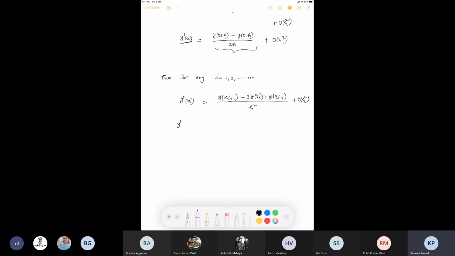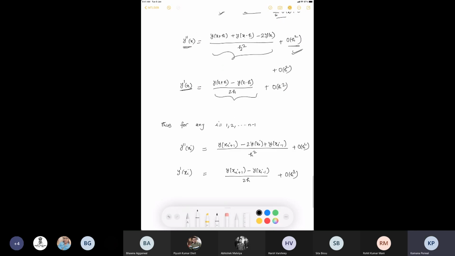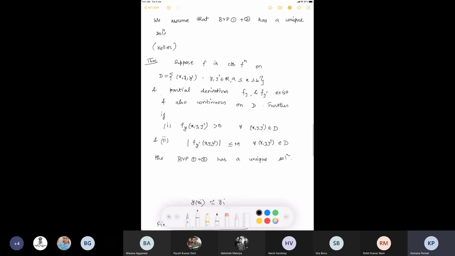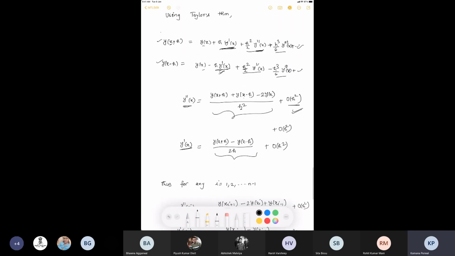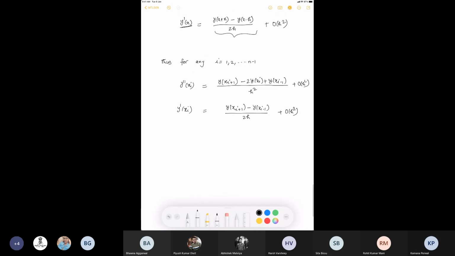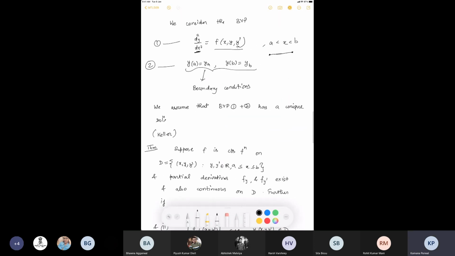And likewise, I can have the approximation of y prime at xi. So this is y at xi plus 1 minus y at xi minus 1 divided by 2h. Okay, so let's give them equation numbers. So we have 3 and then 4. I think we named them 1 and 2.